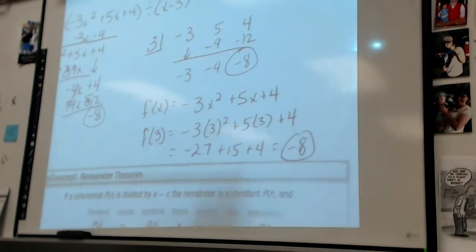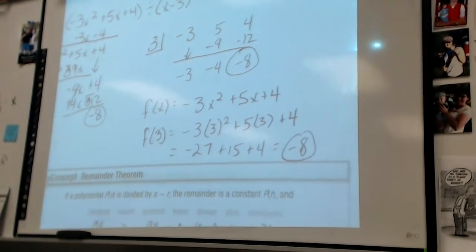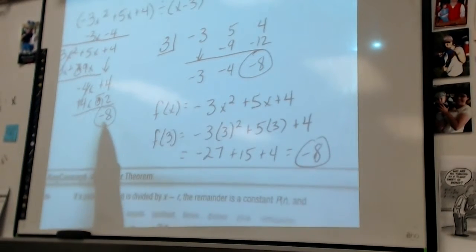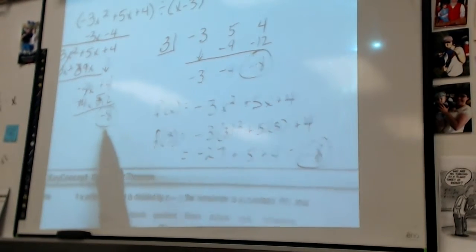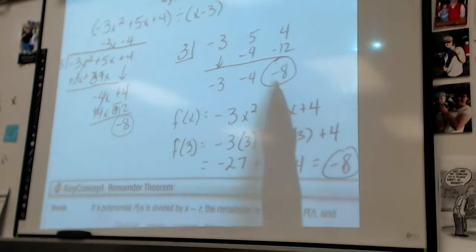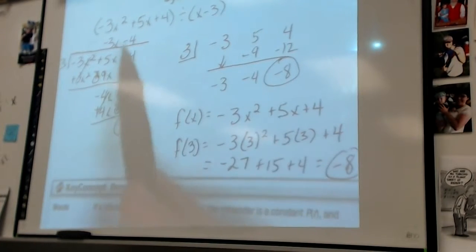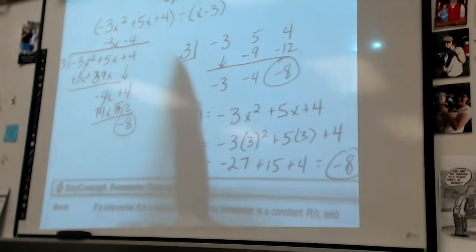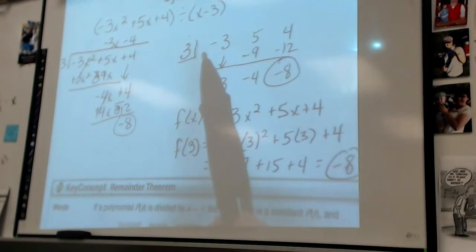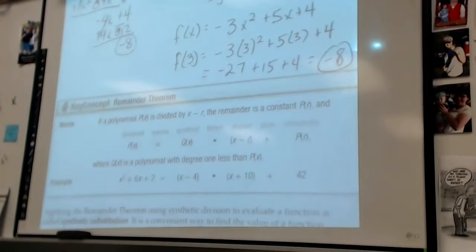So, the whole point of that was for you to see that when you get a remainder, that remainder is the value of the original function evaluated for this number right here. That's what's called the remainder theorem.